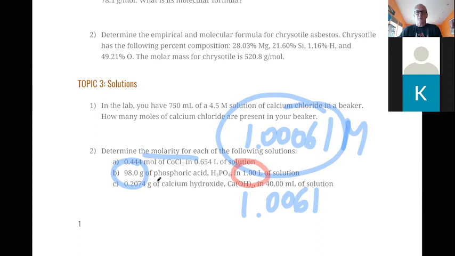So what should we report? Here's your calculated answer, what should be the number you present as your final answer? 1.00. Excellent, exactly. 3 significant digits as well. So you round to 3, there's your 3, 1.00 molar. Great job.